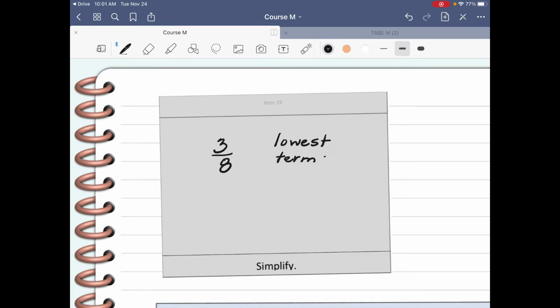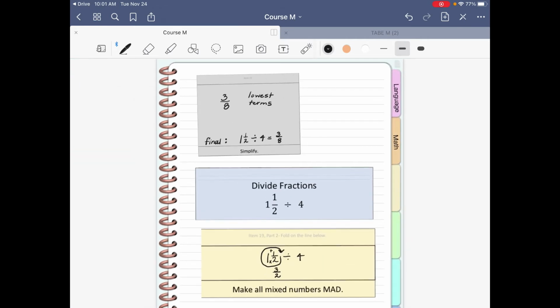So that is the answer to my problem. So if you want to write it as a final answer, 1 1/2 divided by 4 is equal to 3/8. And those are the steps in dividing fractions.